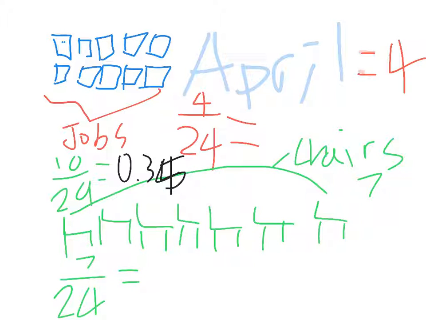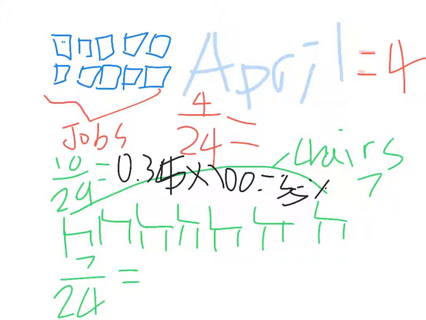It's 0.35. And now, if you're gonna turn that into percent, that is times 100, which is 35. So 35% of kids have jobs.